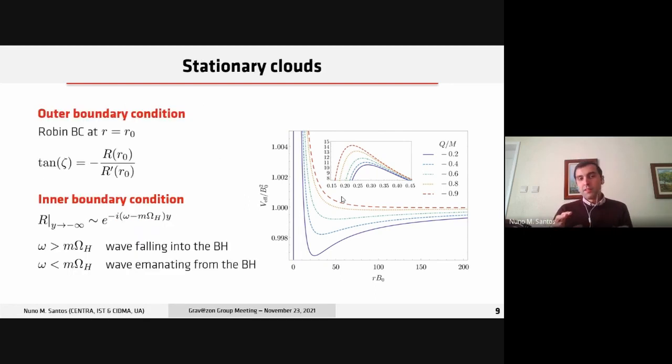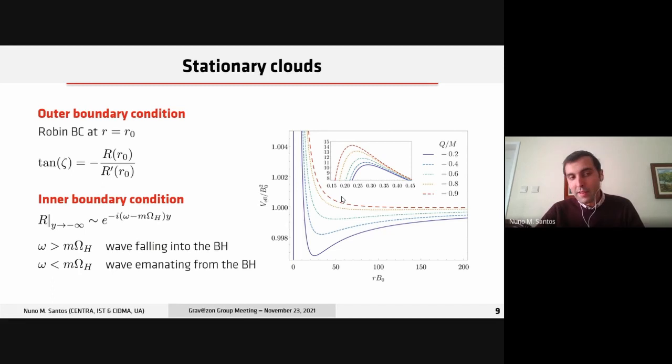So this effective potential, in a sense, resembles a reflecting surface, a mirror, placed at some constant value r, and it confines low frequency scalar field perturbations in the black hole's vicinity.